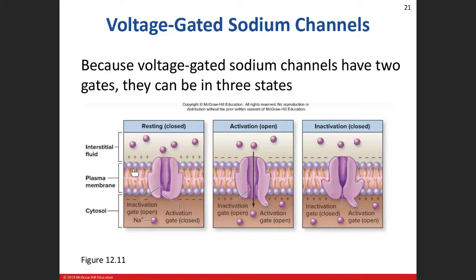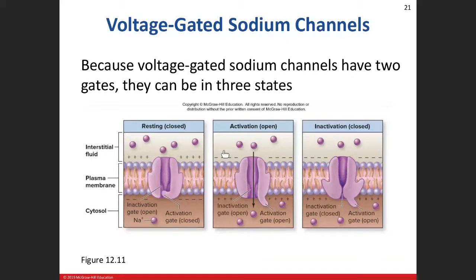So something changed the charge. Well, I didn't point this out on the first slide. If you look back to the resting stage here, you can see you got a plus sign on the outside of the cell and a negative sign on the inside of the cell. That has to do with what we call the membrane potential. So normally at rest, the outside of the cell is more positive and the inside of the cell is negative.